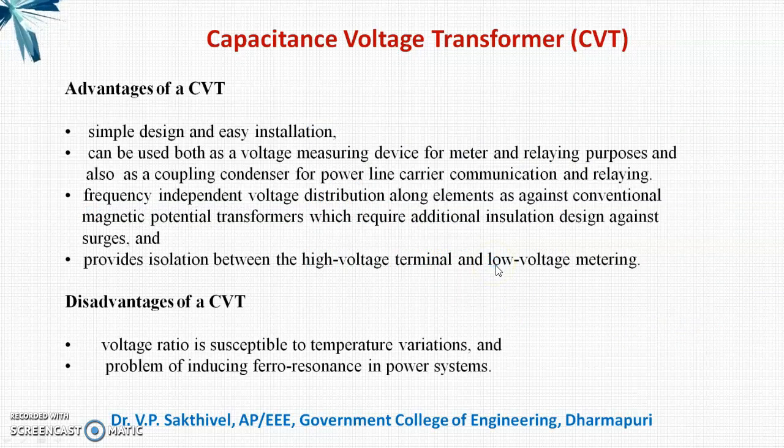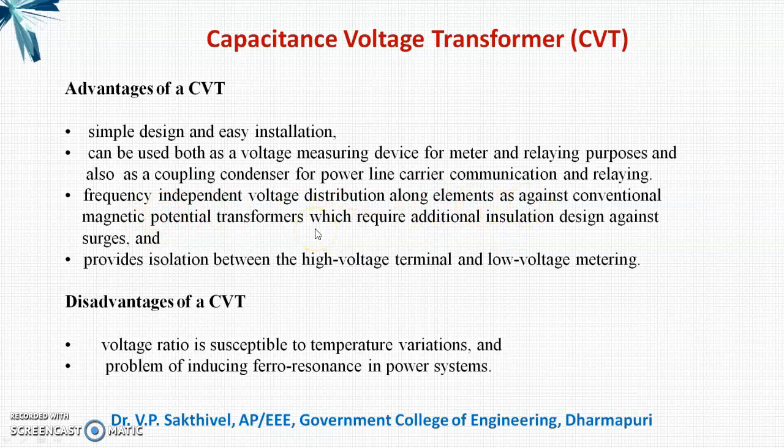Next, advantages of CVT. This capacitance voltage transformer is simple in design and easy to implement, and can be used both as a voltage measuring device for meters, and for relaying purposes. Then frequency independent voltage distribution along elements.